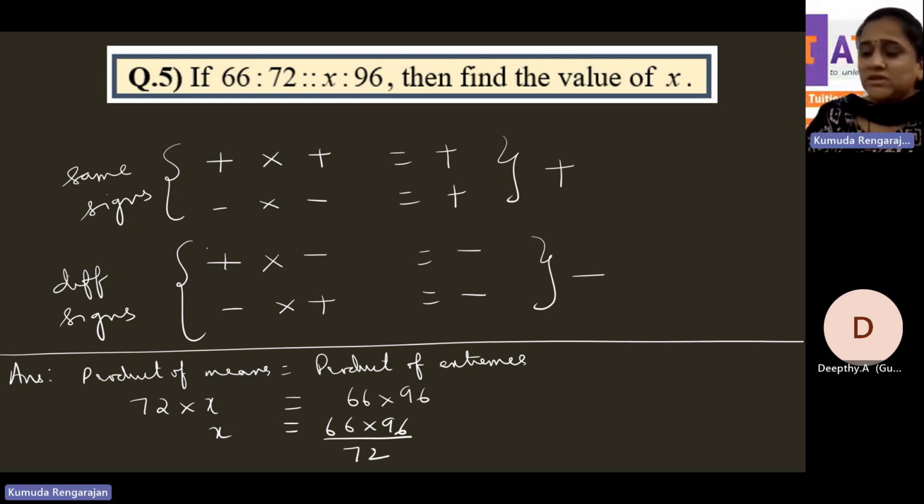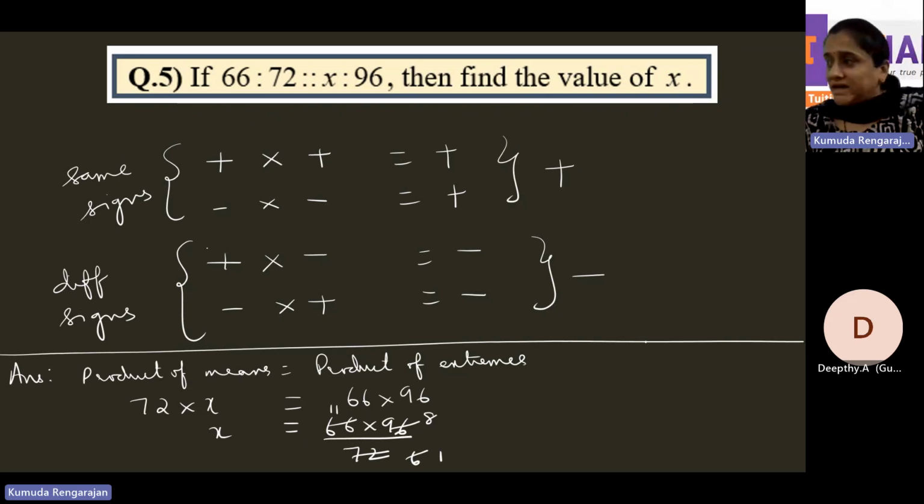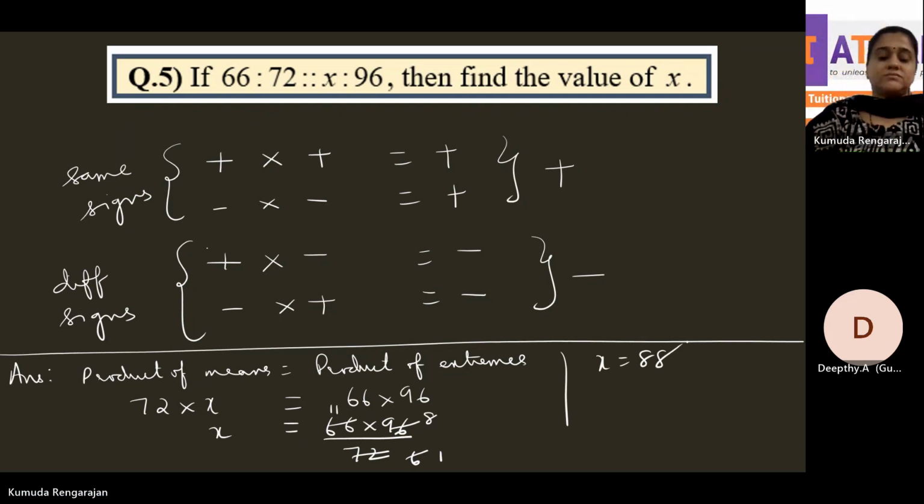Now simplify using the tables of 12. You should know higher tables also. 12 sixes are 72. 12 eights are 96. 6 ones are 6. 6 elevens are 66. So x is equal to 88.